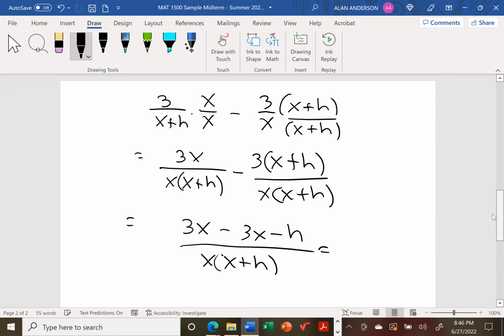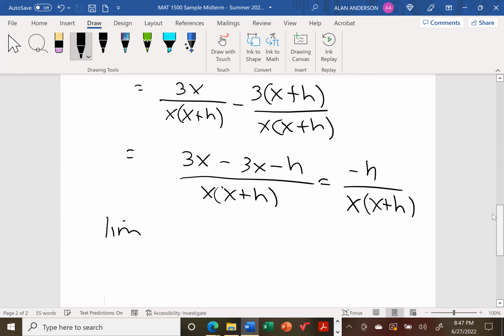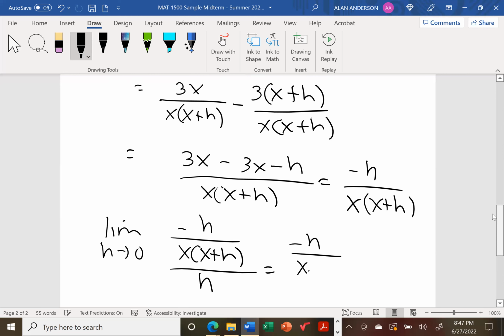And of course, that leaves us with negative h over x plus h. Now that's just the numerator. So for the entire expression, in the numerator, we have minus h over x plus h. And in the denominator, we still have h. Okay, so we can rewrite this as minus h over x plus h. So dividing by h is equivalent to multiplying by 1 over h. We have a cancellation here.